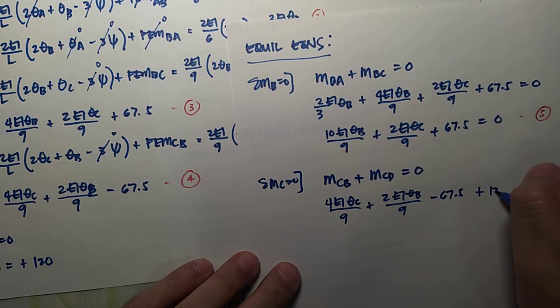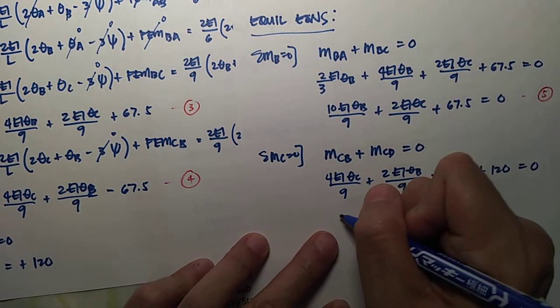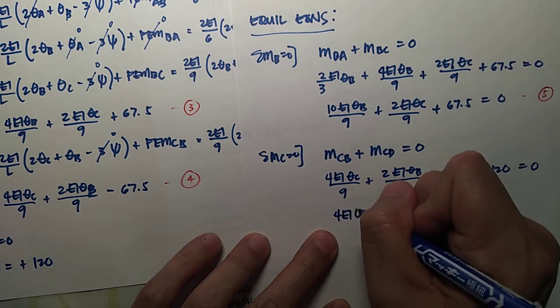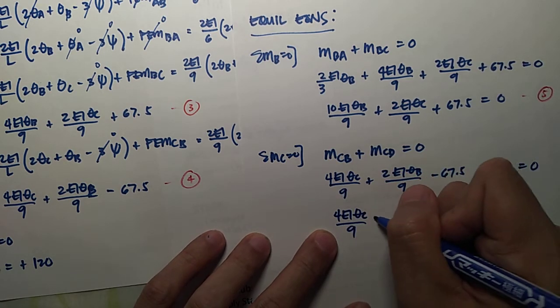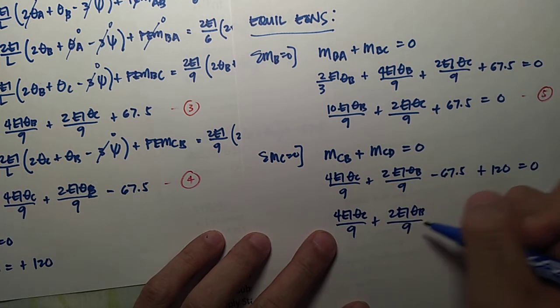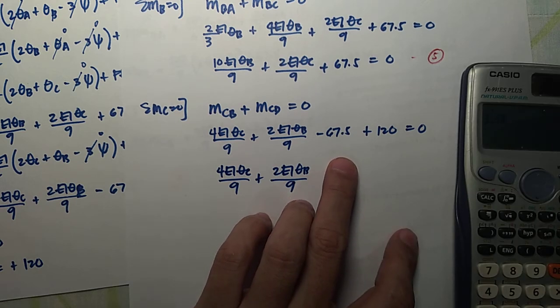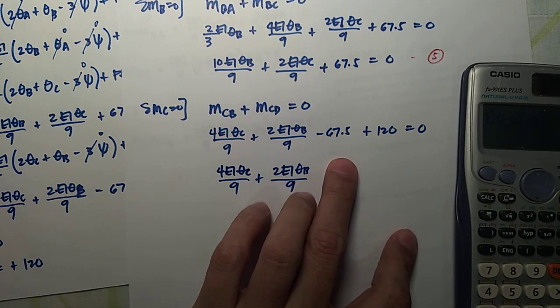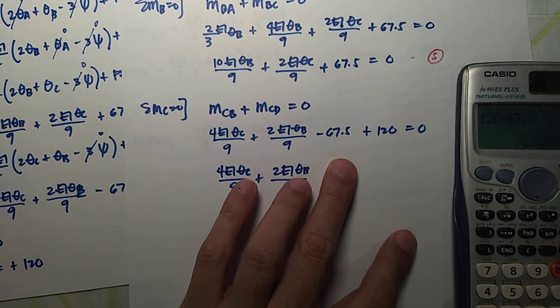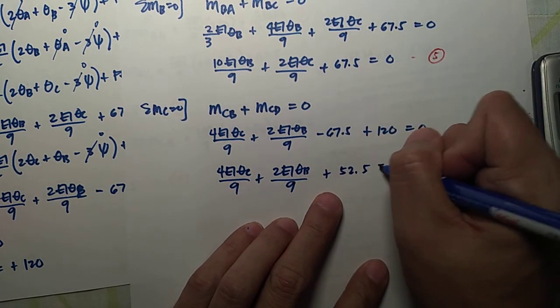Plus 120 equals 0. Okay, pag sinimplify natin yan, this would be 4 EI theta C over 9 plus 2 EI theta B over 9. Okay, i-plus ko lang to. So that would be 120 minus 67.5. That is 105 over 2 or 52.5 plus 52.5 equals 0.